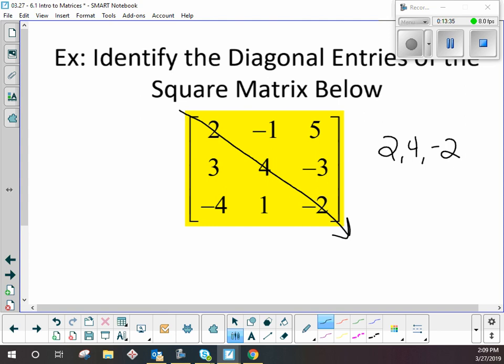And what are these? The z's, right? Notice there's no straight bar with the constants on the right. So this is just a coefficient matrix, which we're going to talk about here in just a second. But one more time, when you're identifying the diagonal entries, it's upper left to bottom right. And you're just listing it, 2, 4, -2.